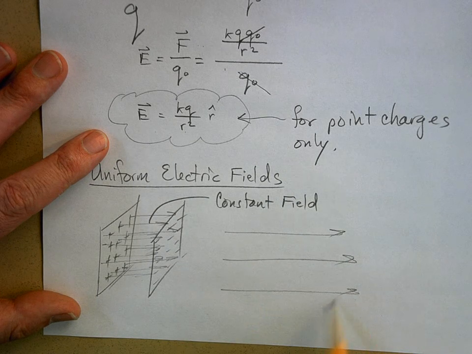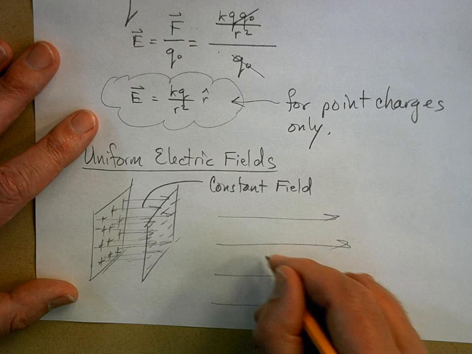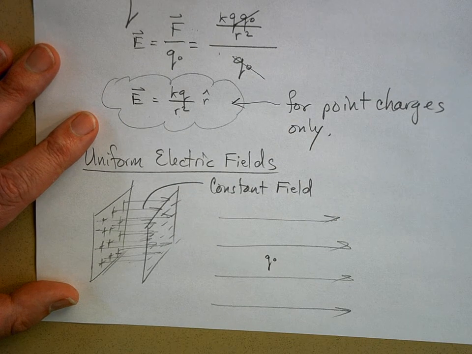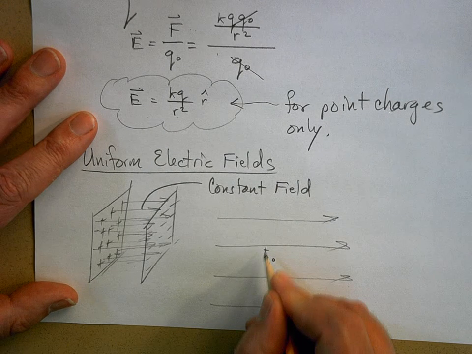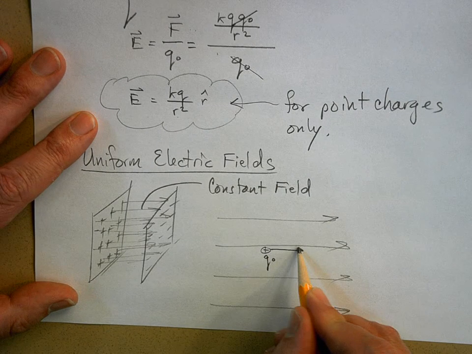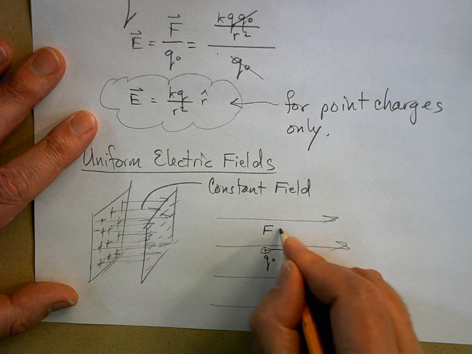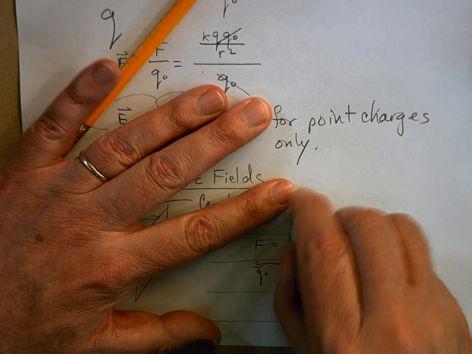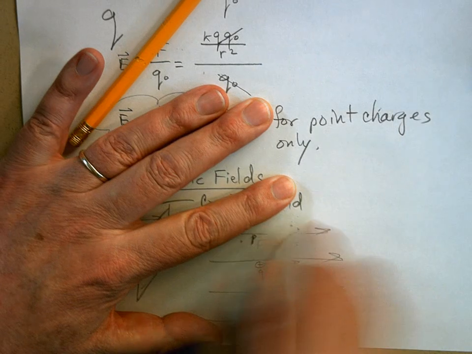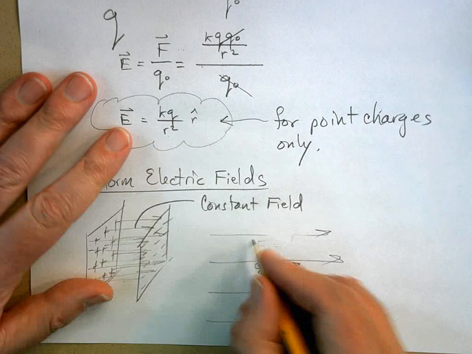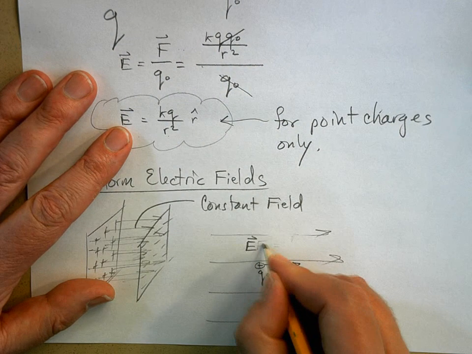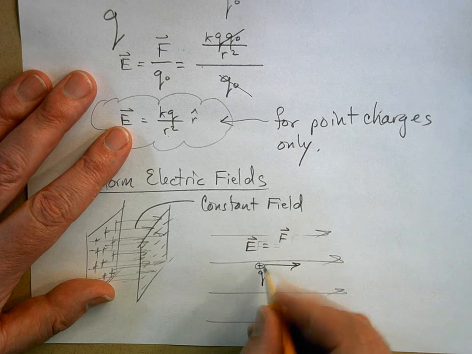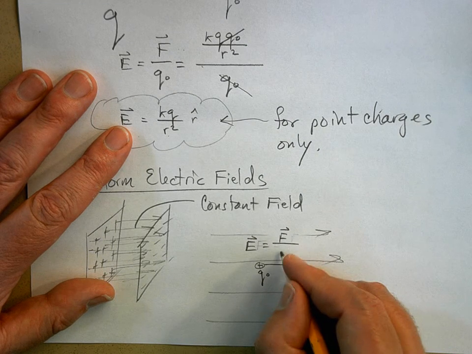But what we can do is represent the electric field as something like this. And if I put my test charge in here, let's put it right there, it's going to feel a force. Well, let me start with the definition. The electric field, by definition, is the force on this test charge divided by Q naught.